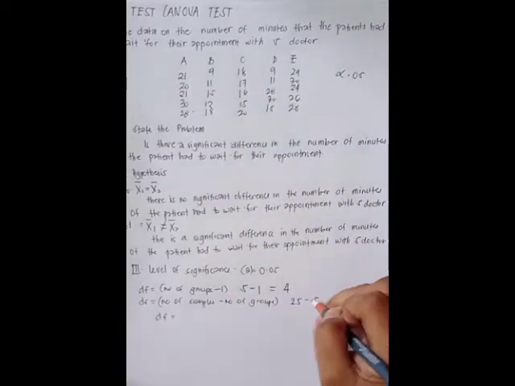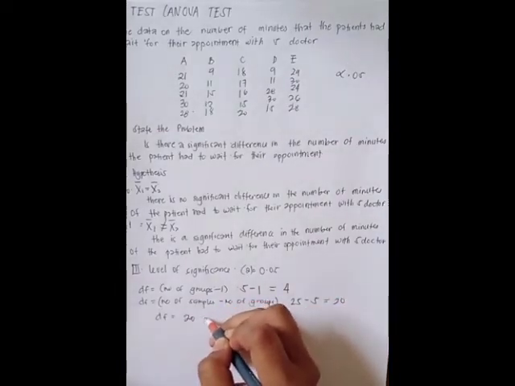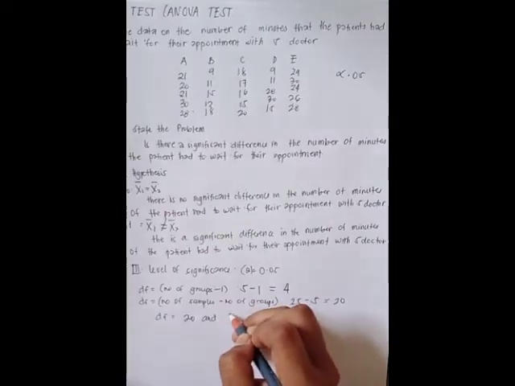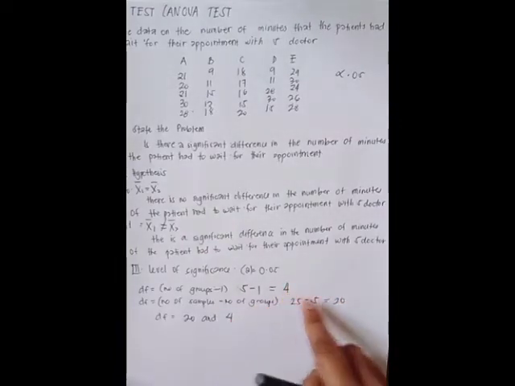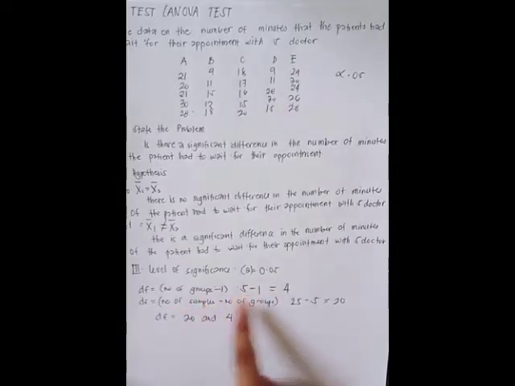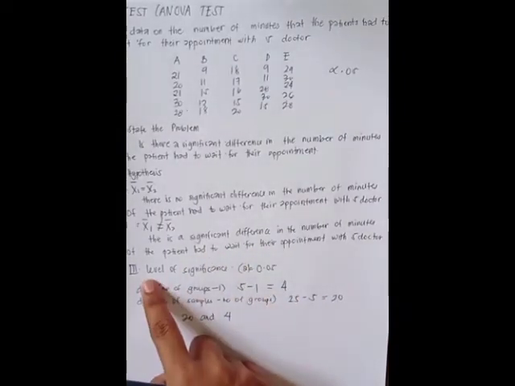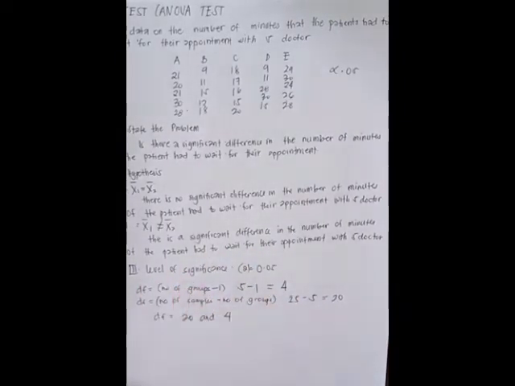So let's subtract it, and we have 20. So our degrees of freedom are 4 and 20. Here's the 4, here's the 20. Number of groups is 5, number of samples is 25, subtract the number of groups.